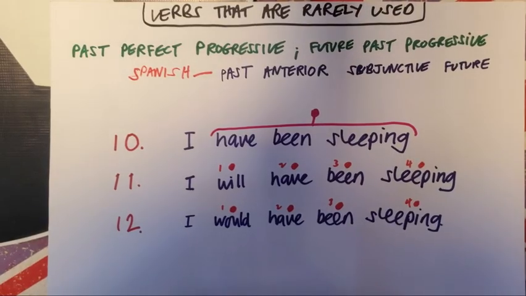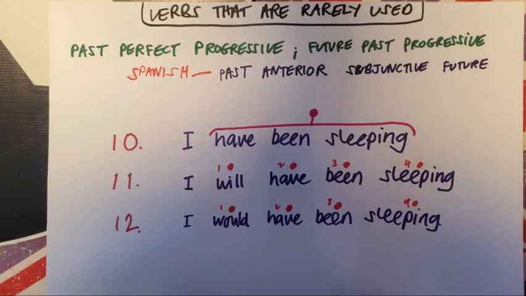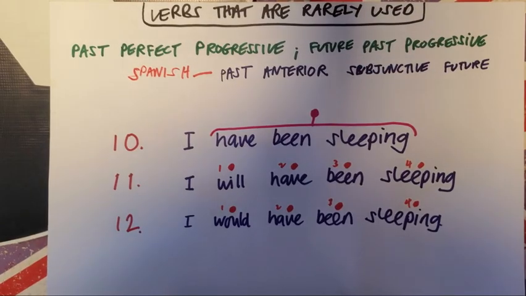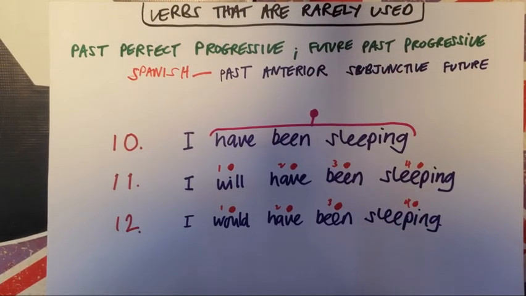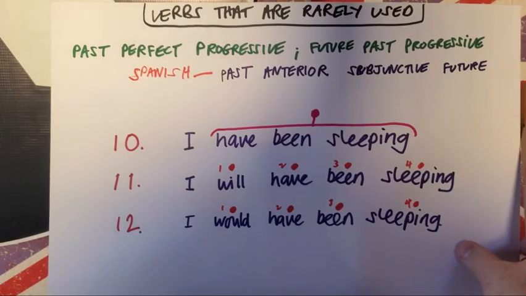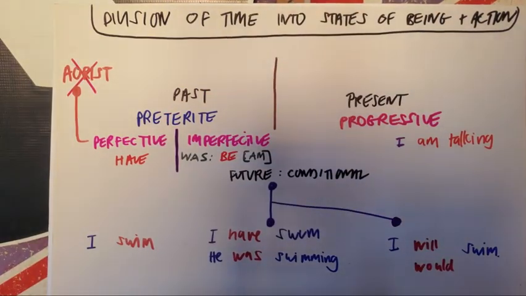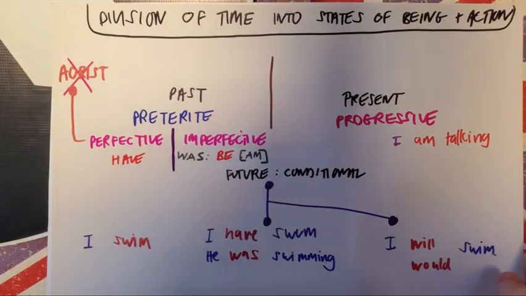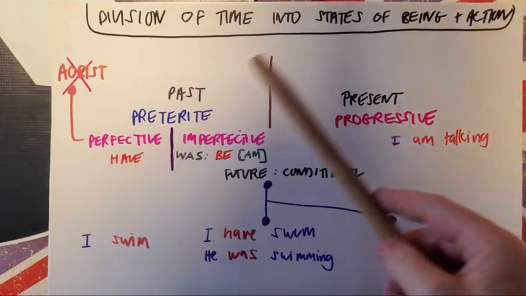So these verbs are very rarely used. Past perfect progressive, future past perfect. I will have been sleeping. I have been sleeping. I would have been sleeping. You see, they do exist, but we're not bothered with those too much. Division of time into two states of being and action.